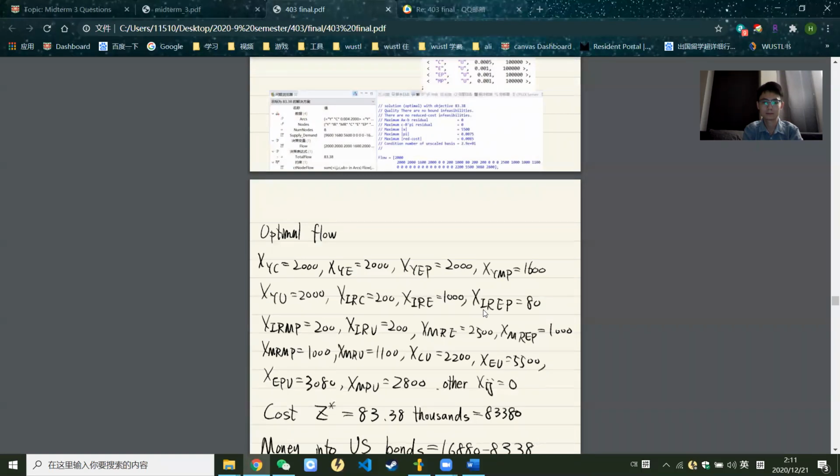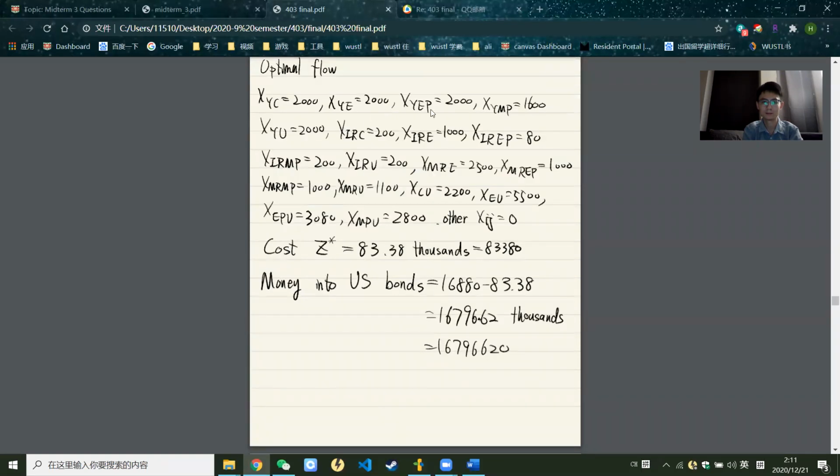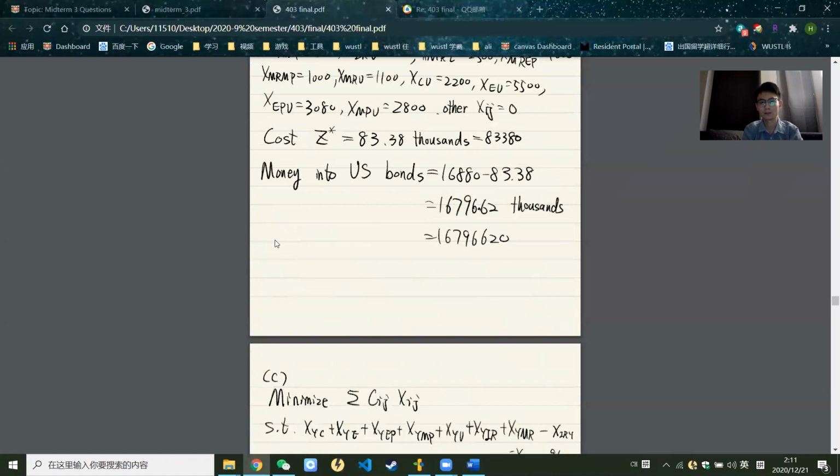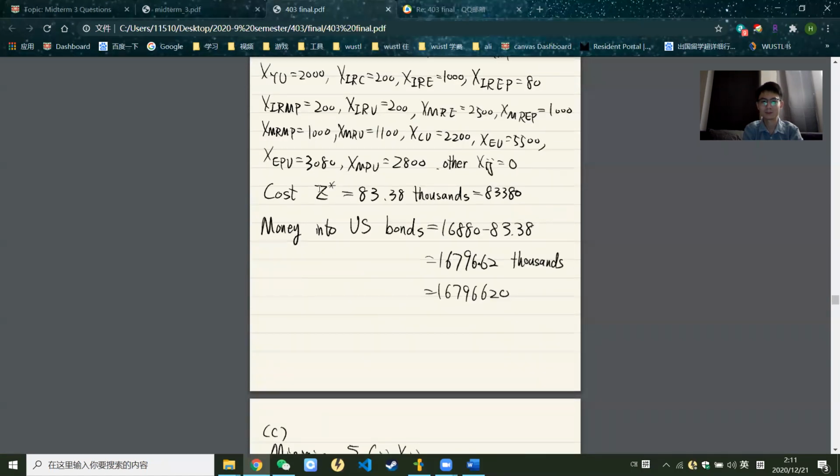So this is the answer that it produces, and this is the optimal Z here. It also asks for the money transferred into US bonds. This value equals the total demand we have minus the cost, which means the real value of the money that is put into the US bonds.